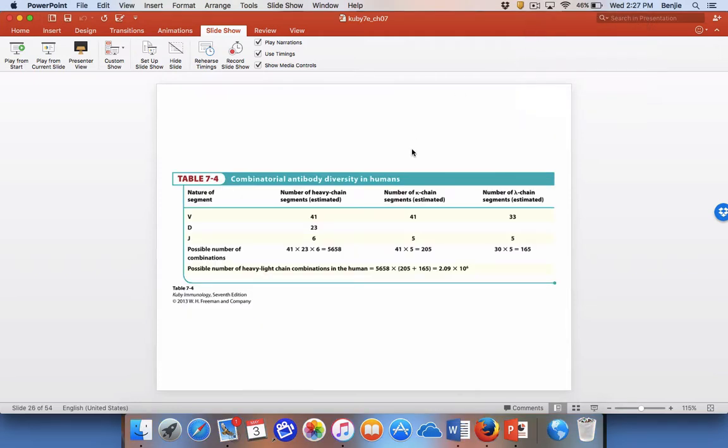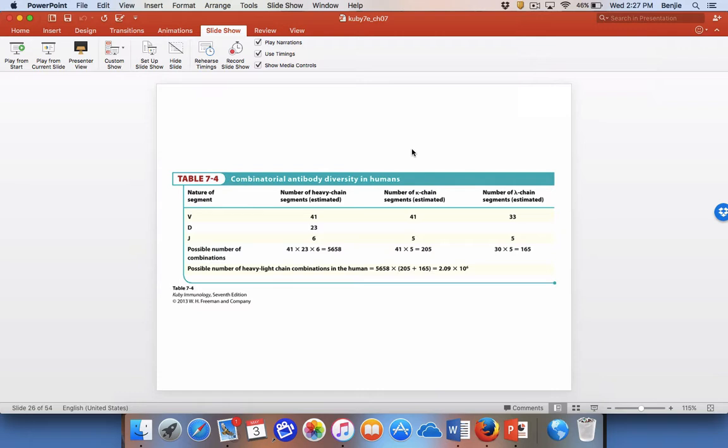Okay, there are 5 major mechanisms that generate antibody diversity in naive B cells. And I want you to memorize these. This is going to be a question on the test. Learn them, understand them. Number 1, you have multiple gene segments. So we've already covered that.